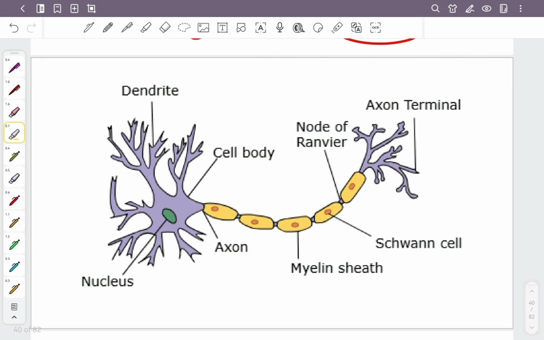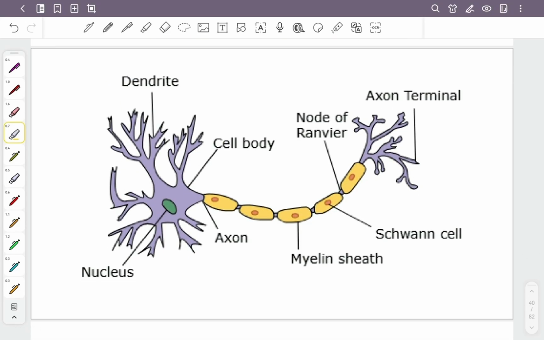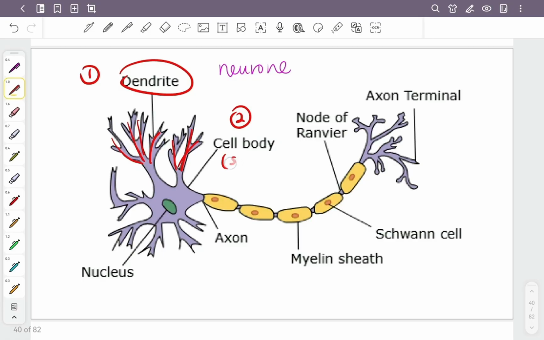So now this is another diagram showing you another kind of drawing for a neuron. So this is a neuron. Once again, the name is neuron. So what are the things that you need to remember? Dendrite. The branching out of the cell body is known as dendrite. Then second, you have the cell body or soma. What is the third one? The third one is the axon. Axon is like the body.